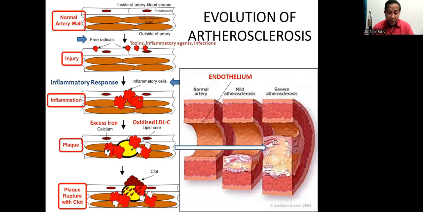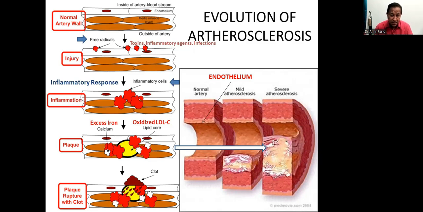That means that the first layer is the endothelium. It's only one cell thick. Right below the endothelium is a muscle layer, and outside of the muscle layer is the fibrous layer that gives the artery its strength, and the muscle layer gives the artery its ability to contract and relax.